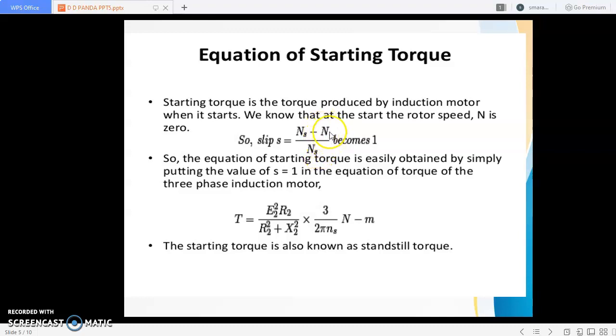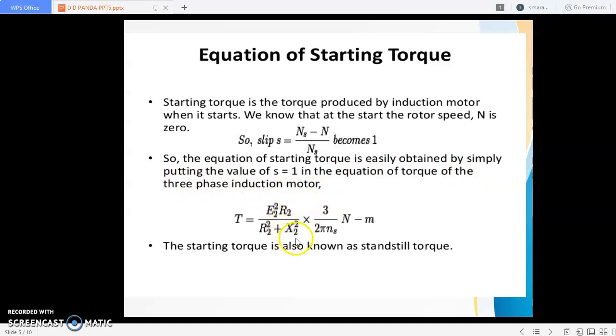If N is 0, slip becomes Ns by Ns, which is 1. So the equation of starting torque is easily obtained by simply putting the value of slip as 1 in the equation of torque of the three-phase induction motor.